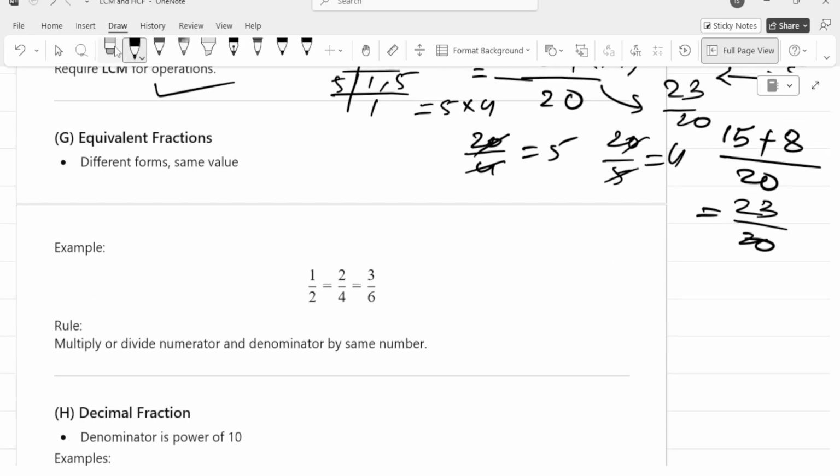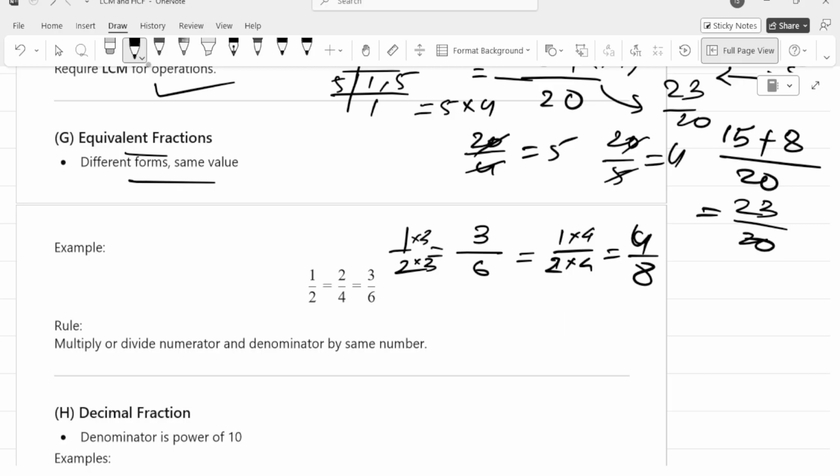Now equivalent fractions: different forms, same value. For example, 3 upon 6. 1 upon 2, when we multiply both sides by 3 we get 3 upon 6. When multiplied by 4, 1 into 4 and 2 into 4, 4 upon 8.